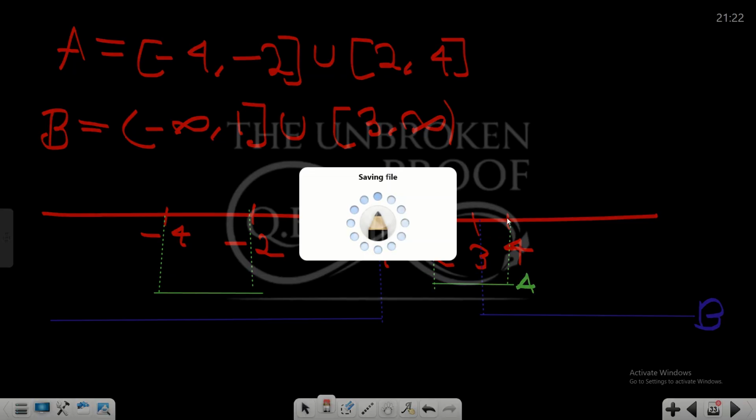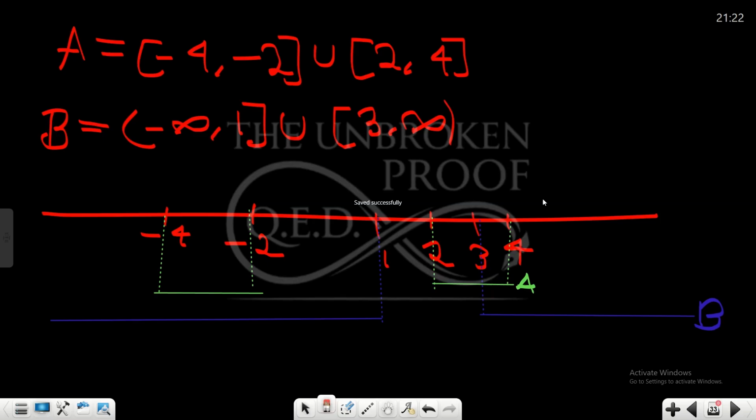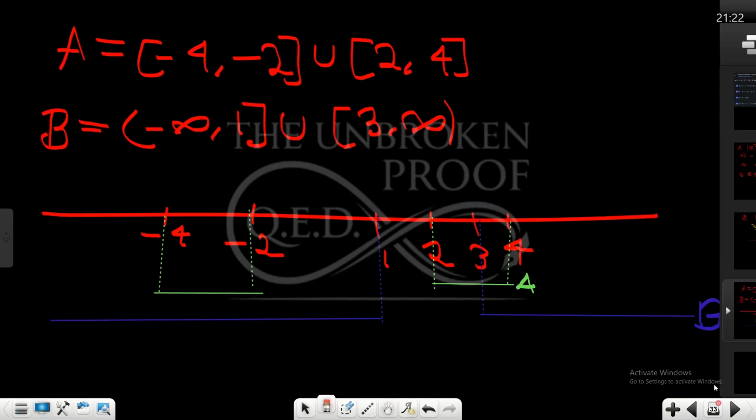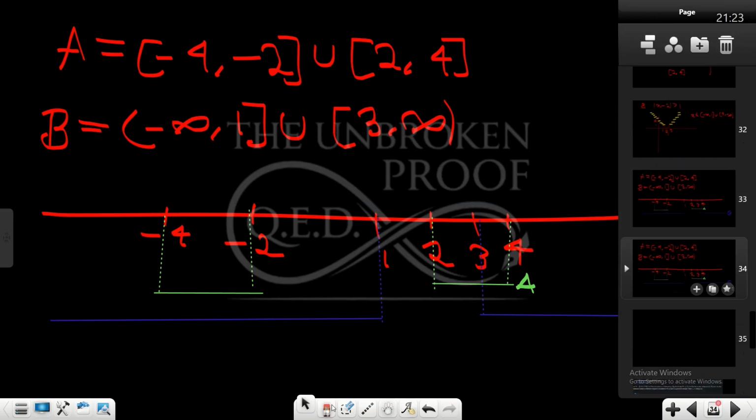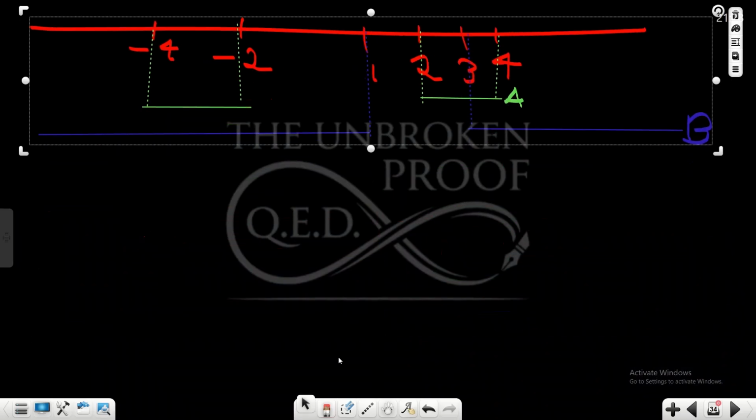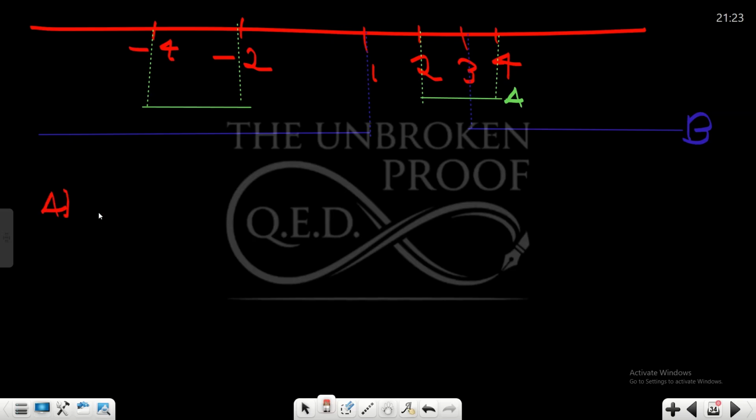Okay, now they have given 4 options: A union B, B minus A, A minus B, and A intersection B. Let us evaluate one by one. Now if you consider option A, A union B starts from minus infinity to 1 and from 3 to infinity.